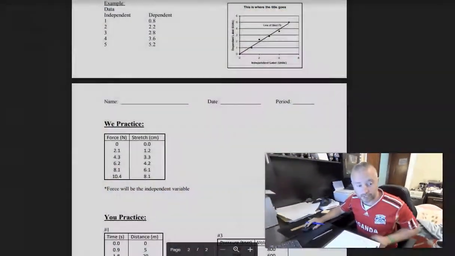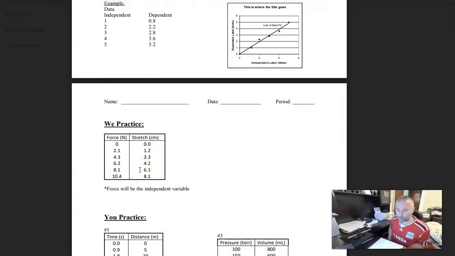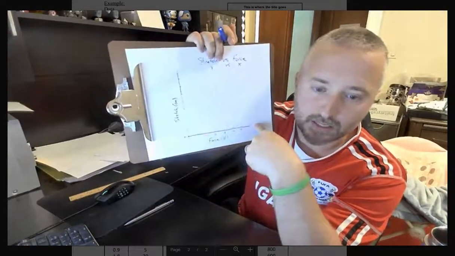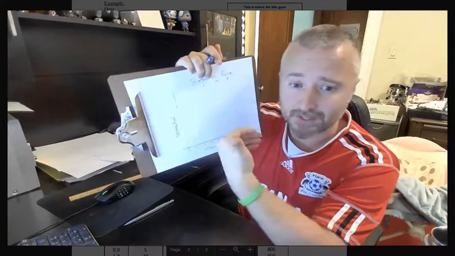So let's see, what's the biggest number again? It's 8.1. Because it's 8.1, I could see you using a couple different numbers for scale, but do know that your number on the y-axis does not need to match your number on the x. Because I've got to get up to 8.1, I think I'm going to go up by 1s this time.